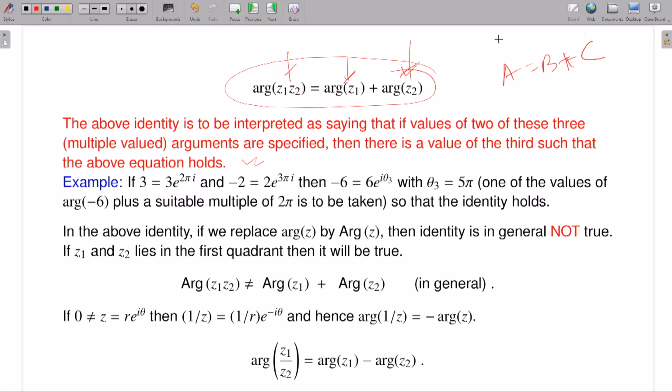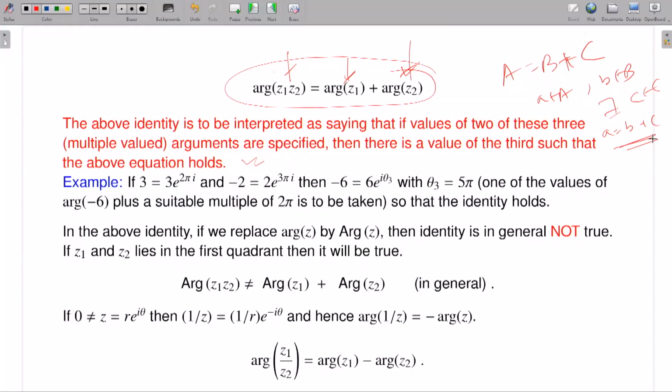If I take small a from A and small b from B, then this equality means there exists a c in C such that a is equal to b plus c. So out of three sets, fix any two elements from those sets, then there exists an element from the third set such that this equality holds. That's exactly what I have written in red.